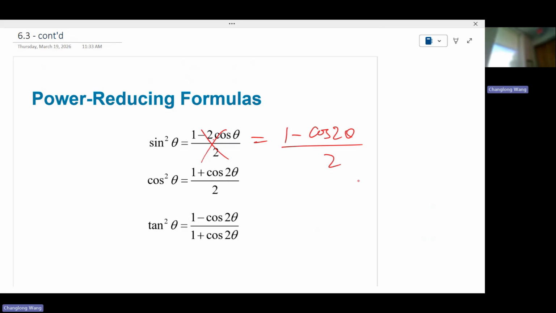Later on, you don't have to remember this for the triple power or triple angle. But if you ever have to reduce the power from the third to the fourth to the fifth, the angle will get bigger by the same number of times as the power. But the good news is we only need to know the power reducing for the second power of those trig functions. Okay.